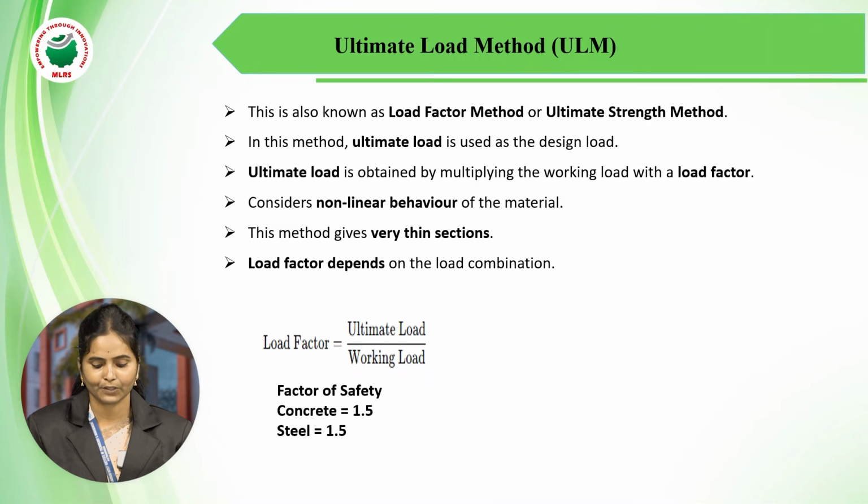This method gives very thin sections. Load factor depends on the load combinations. So load factor equals ultimate load divided by working load. In this method, factor of safety values taken are 1.5 for concrete and 1.5 for steel.